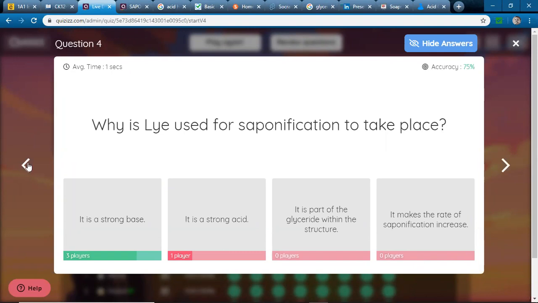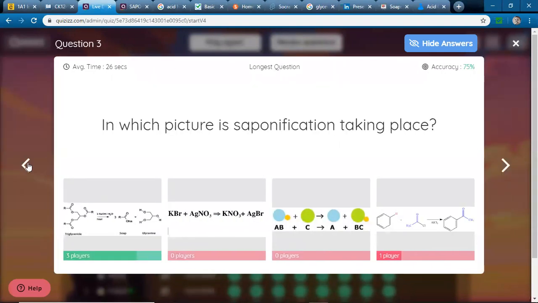Let me see the next one. This says, in which picture is saponification taking place? You need to watch carefully. It could not have been this one here because this is not an acid. You have to look at the functional groups and look at it carefully here.